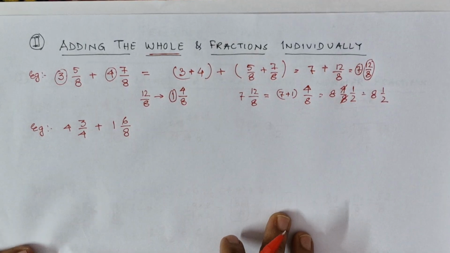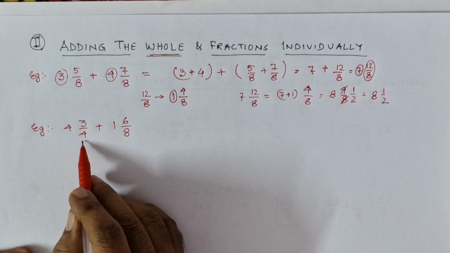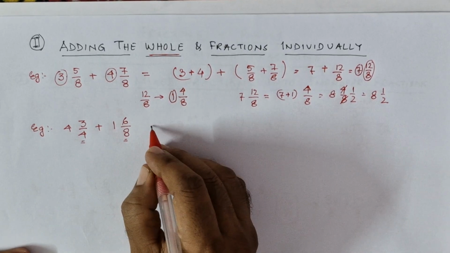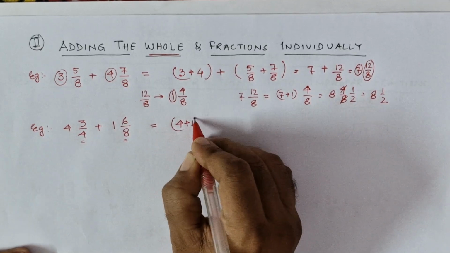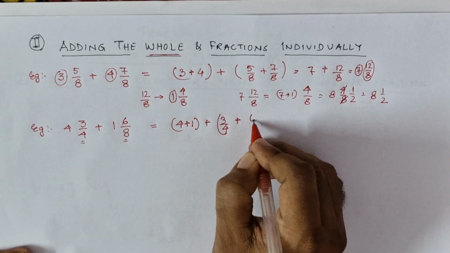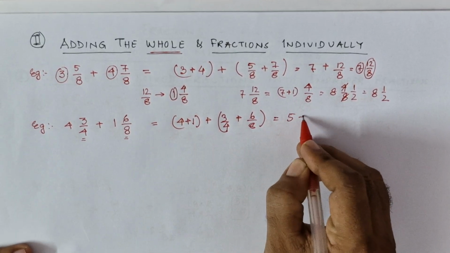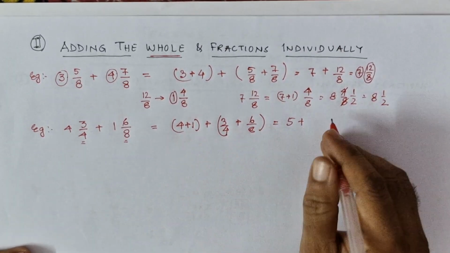And the second one, in the same way you can do it, but there are different denominators, or unlike denominators. So start in a simple way. Start adding the whole and then separately add the fraction. So this is 5, and the LCM of 4 and 8 is 8.